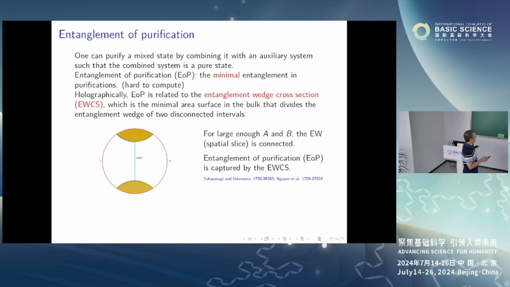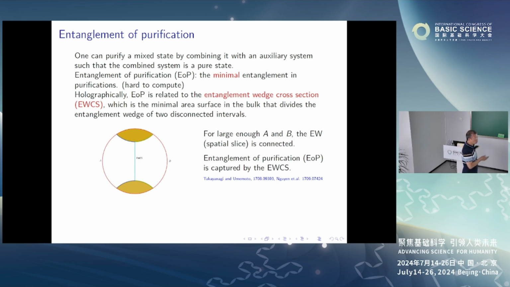Then we try to compute the entanglement of purification. Holographically, since A and B are quite large, the entanglement wedge is in this white corner. The minimal area surface, the entanglement wedge cross-section, is this EWCS, this blue line.